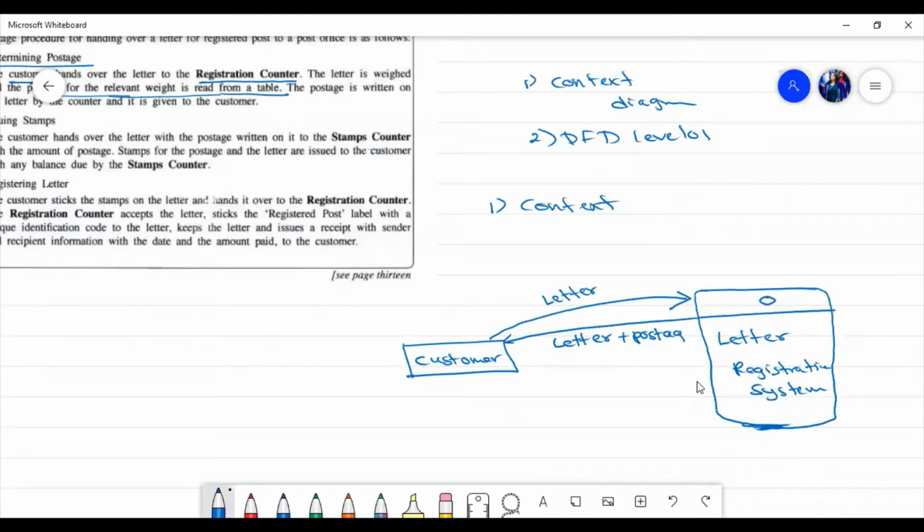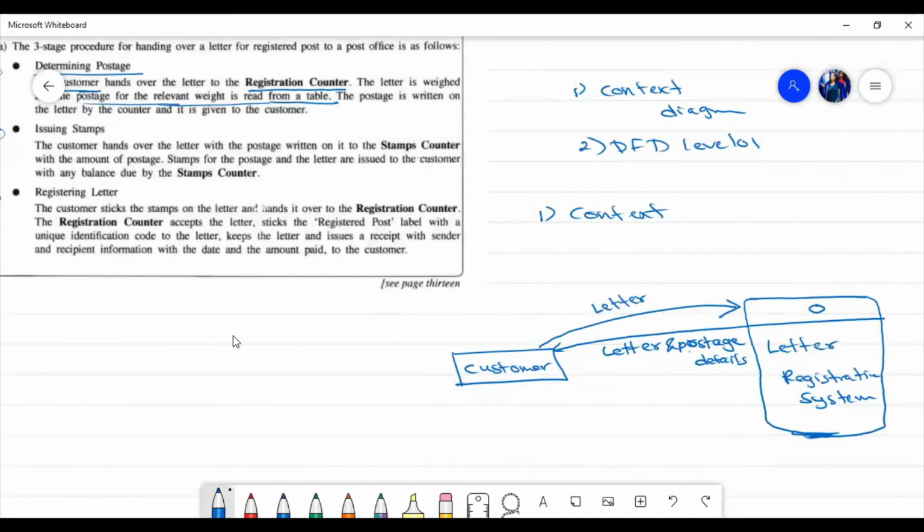You could add a plus here, or say letter and postage details. So now the system returns this, and a third party can see only this. Our system is returning the letter plus postage details. Done, good. Now that part is over.